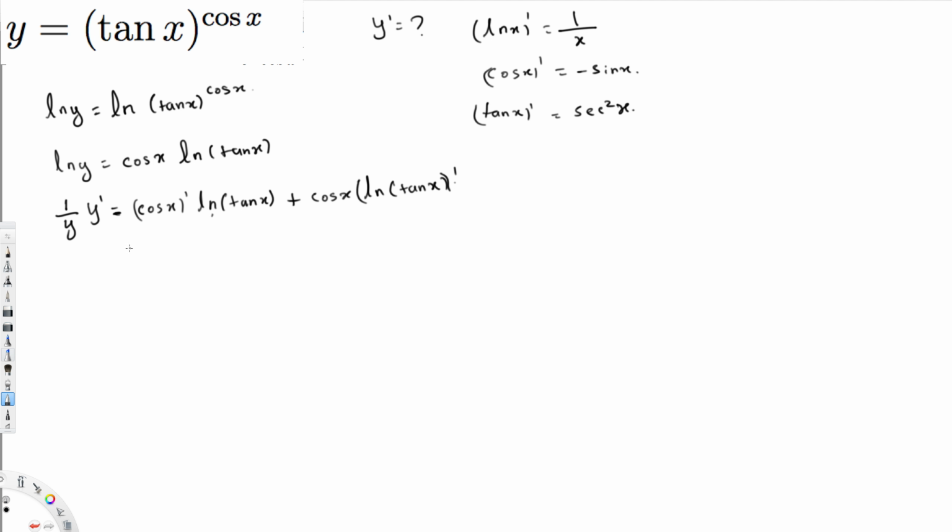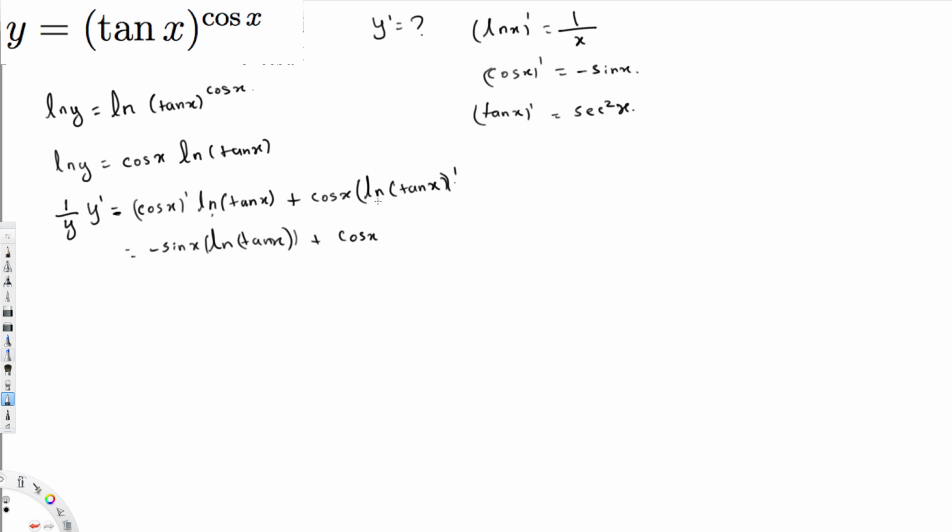Now if I find the derivative, it's going to be minus sin x multiplied by ln tan x, and on the other side cos x remains the same. In this case, I have to use the chain rule.